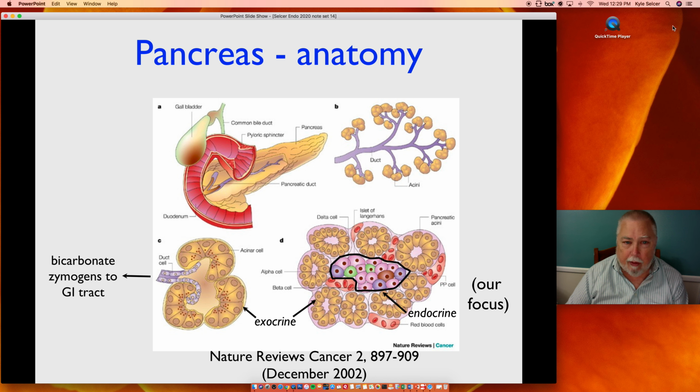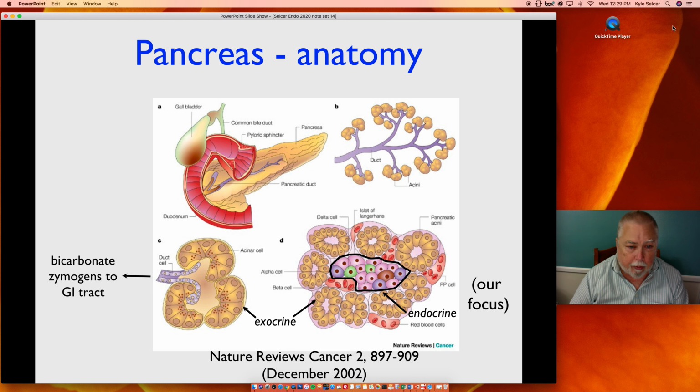Panel B shows you how the islet cells are located relative to the ductal cells. And panel C shows you just a close-up of the acinar cells, how they're arranged into these semicircles of zymogen secreting cells that lead into the ducts.